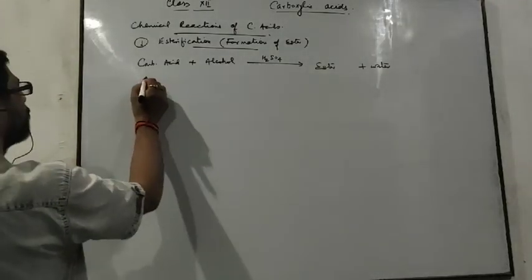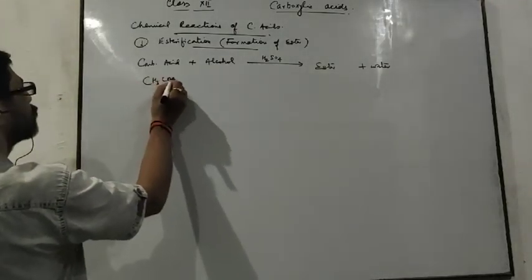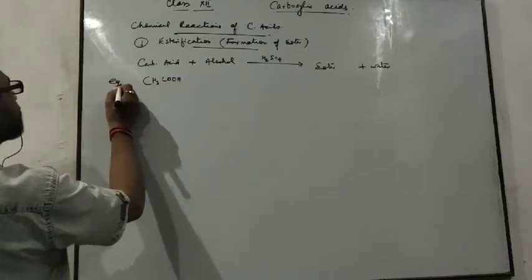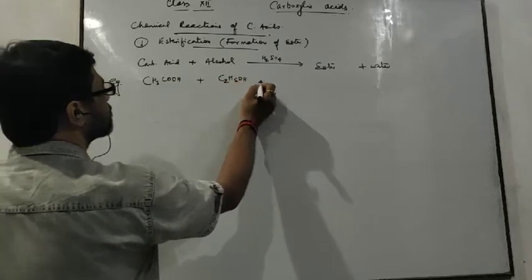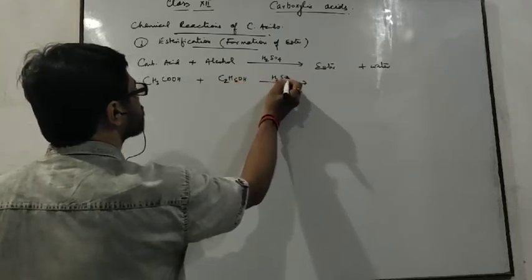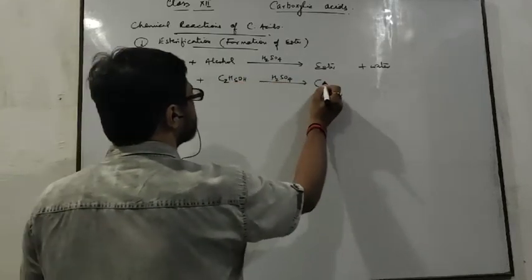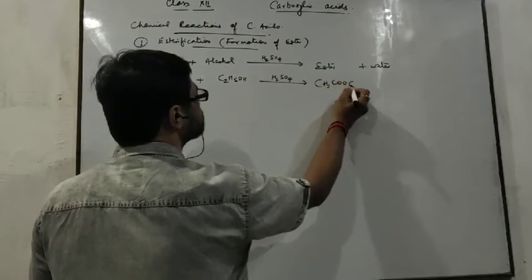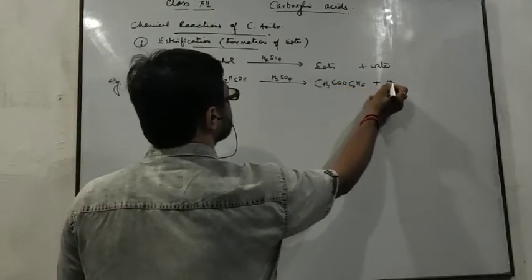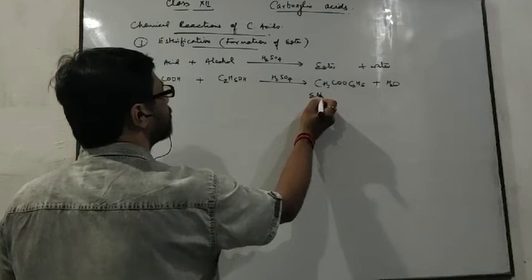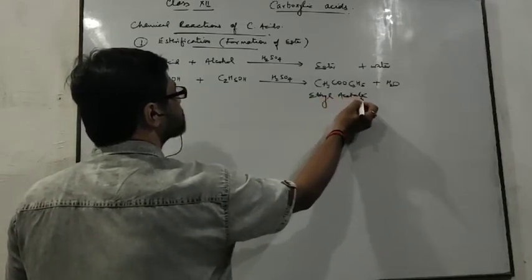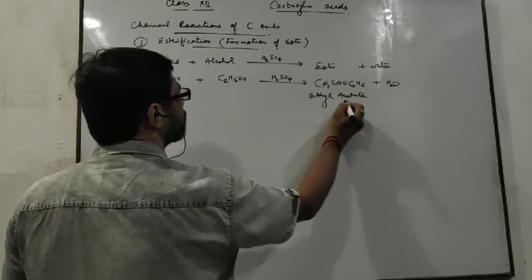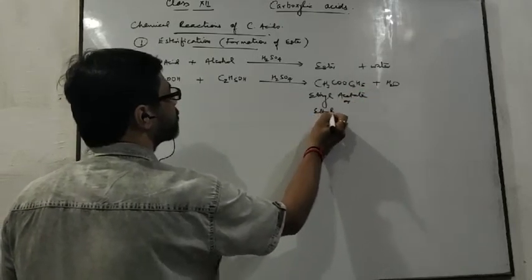For example, CH3COOH is acetic acid and C2H5OH is ethanol. In presence of H2SO4, it forms CH3COOC2H5 plus H2O. This one is ethyl acetate, or you can say ethyl ethanoate.